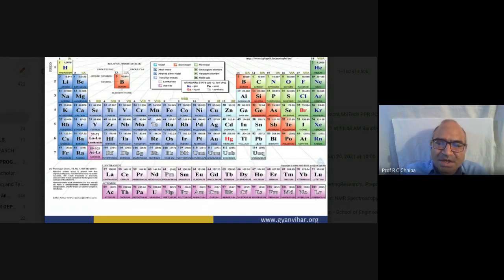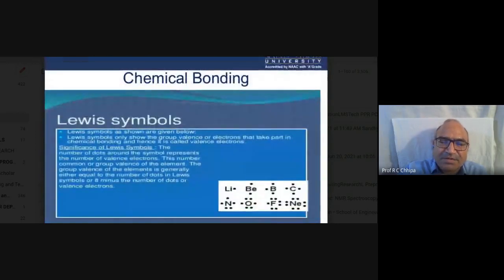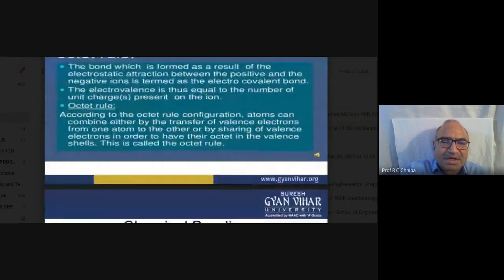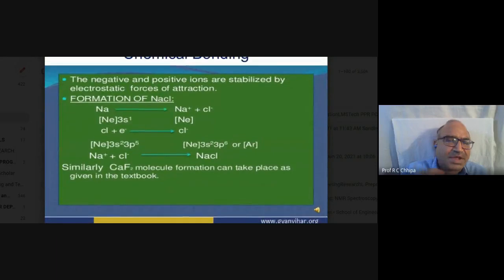So the ionic bond is formed by the transfer of an electron, because a cation and an anion form in the case of sodium and chlorine. Here we can see the electronic configuration of sodium: the neon configuration of 10 electrons and 3s1, the outermost electron present in the 3s atomic orbital.